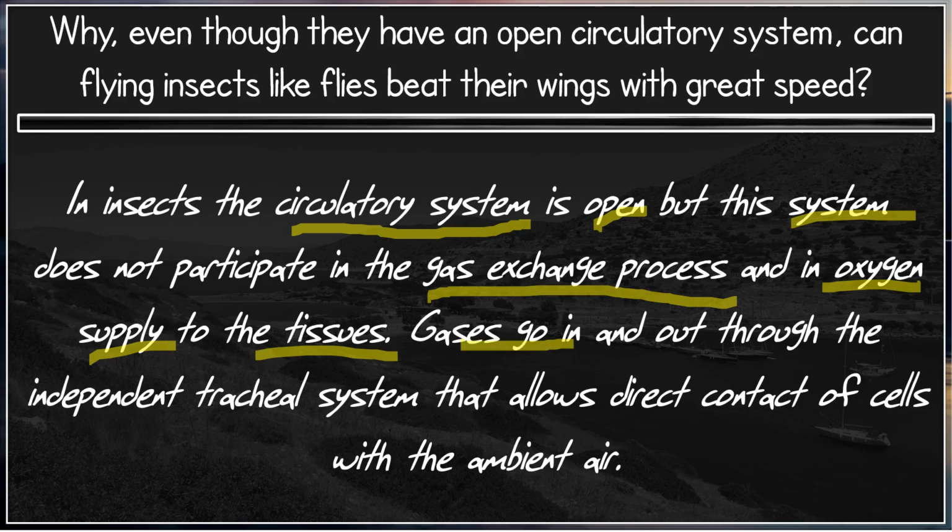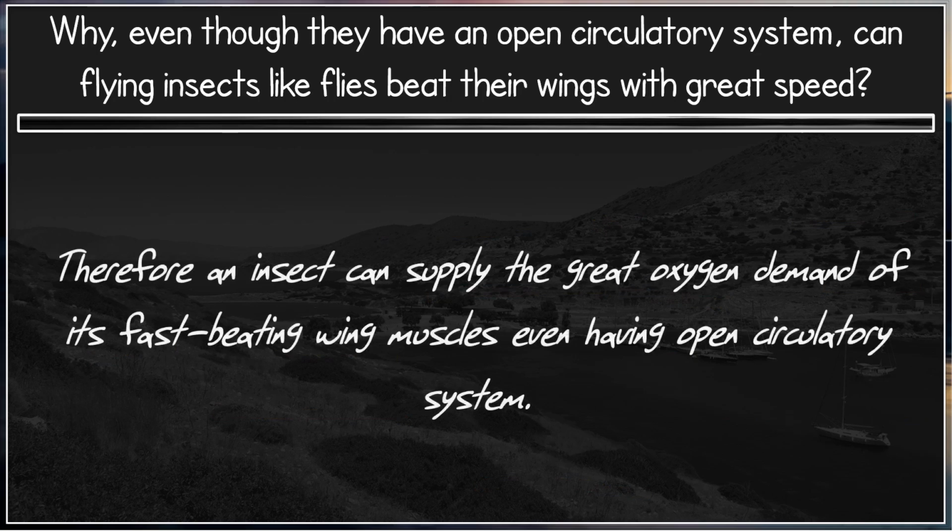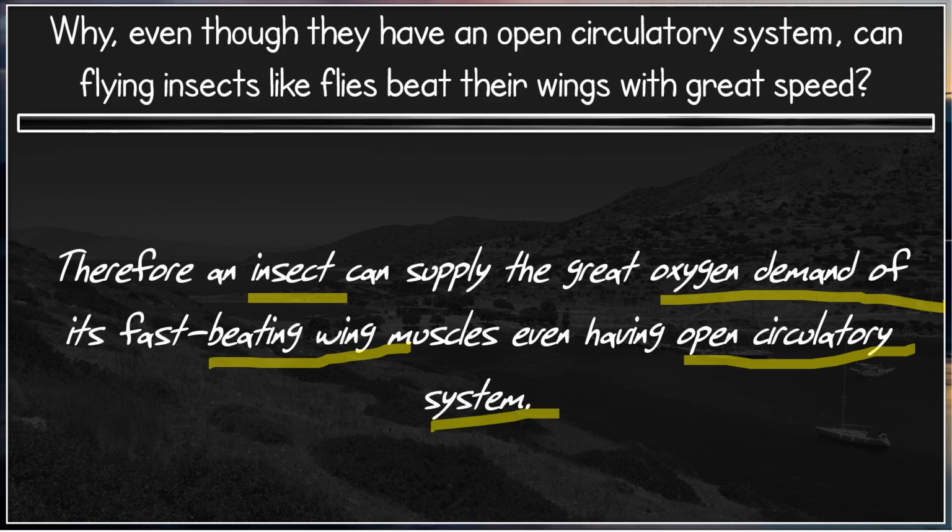Gases go in and out through an independent system that allows direct contact of cells with the ambient air. Therefore, an insect can supply a great oxygen demand to its fast-beating wing muscles, even having an open circulatory system.